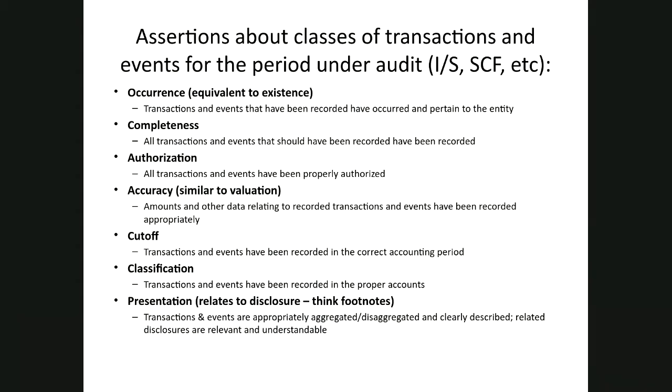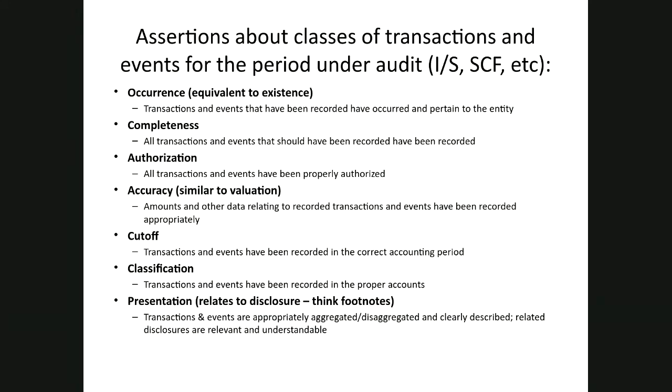And just to refresh your memory, in case you don't remember all your shipping terms from your early accounting classes, FOB shipping point is when the ownership transfers to the buyer upon shipment, right? And in that case, you can recognize revenue upon shipment.